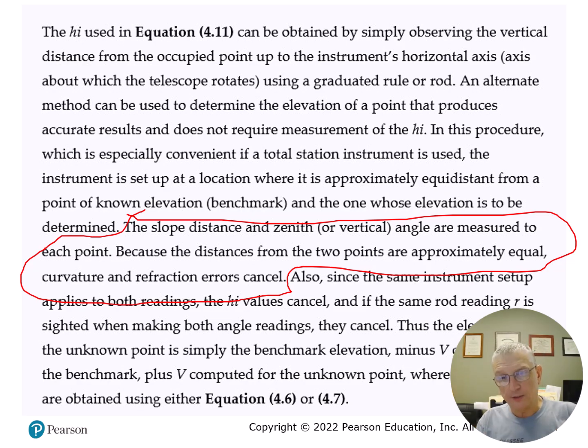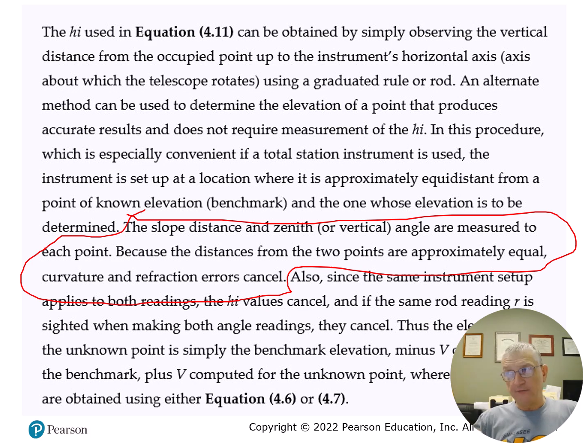So anyway, the takeaway here is that the slope distance, your curvature and refraction correction will balance out and be something that you never need to use in life, as long as you're not stretching out long shots where you've got a very short sight and then a very long sight. Like if you're taking a 100-foot back sight and a 4,000-foot foresight, then you're going to need to apply curvature and refraction correction to your trig leveling.